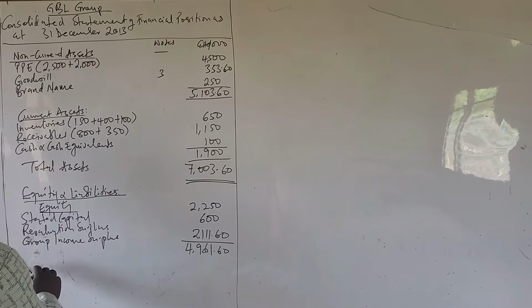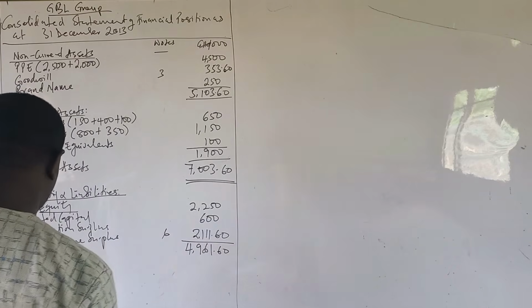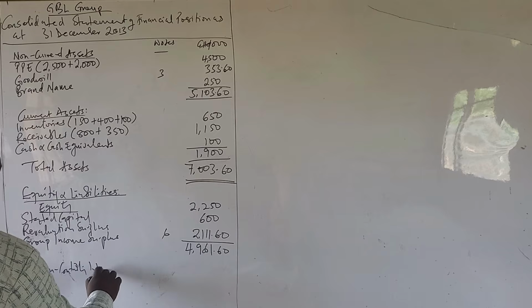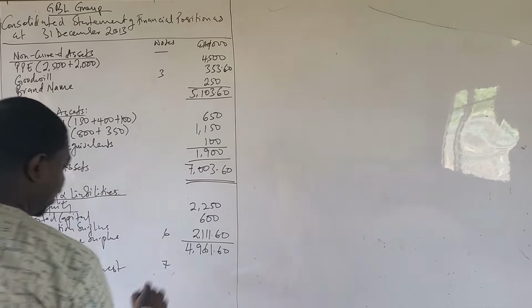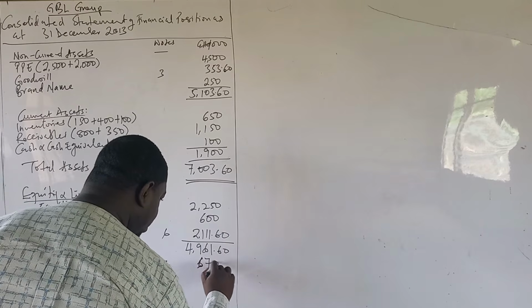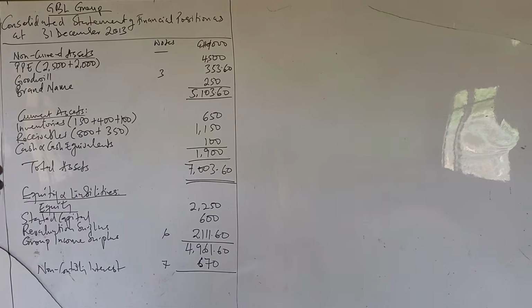And then we can now add our non-controlling interest. The group income surplus, I think, is from working 6 or so. The non-controlling interest is from working 7. And that is going to be 670. So when we add these two, this is what we do all the time.